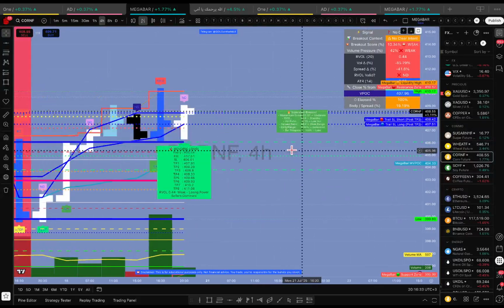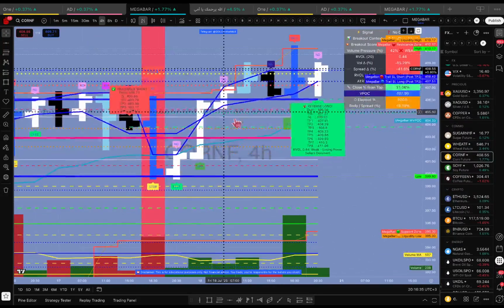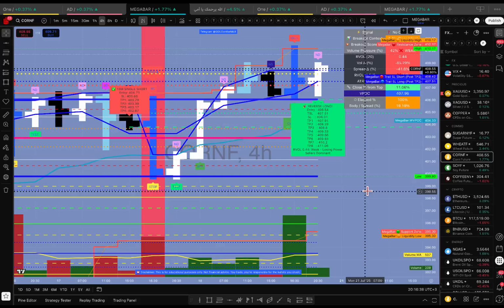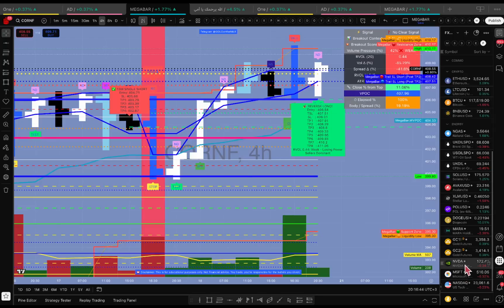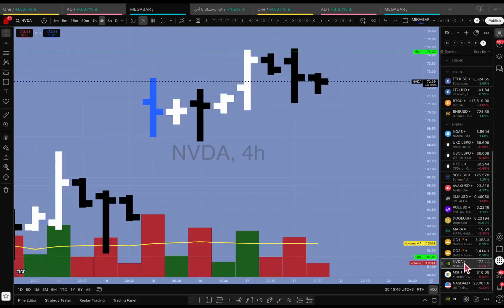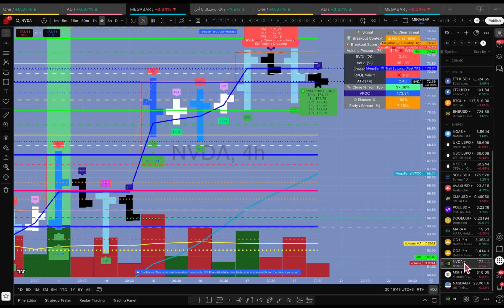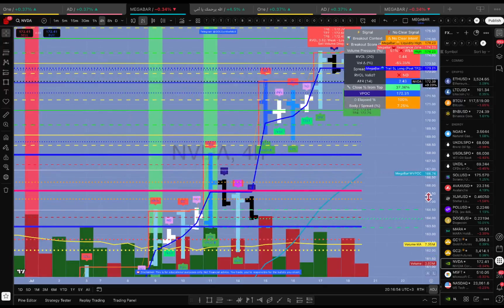Here's a megabar. This strategy works for everything, even on stocks. That's the main thing. It was developed for stocks. Let's see Nvidia. Here you have it on Nvidia.